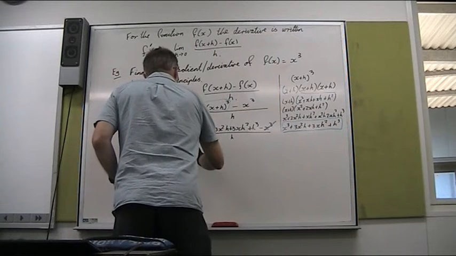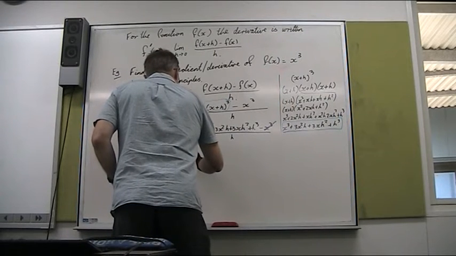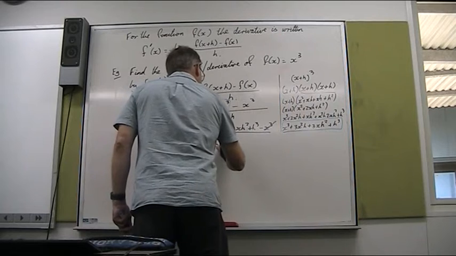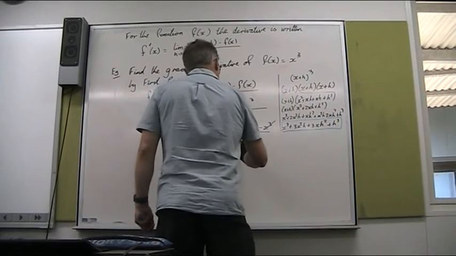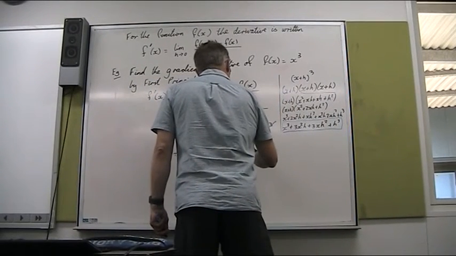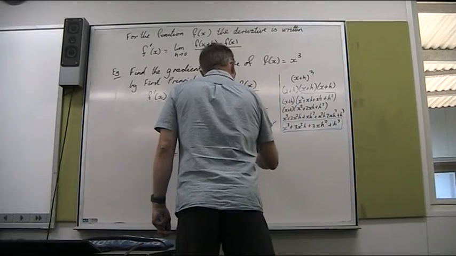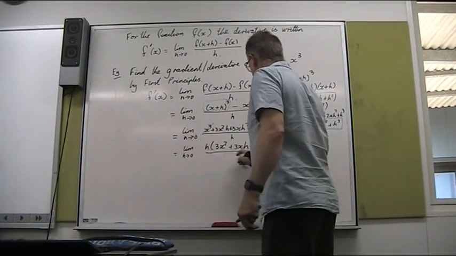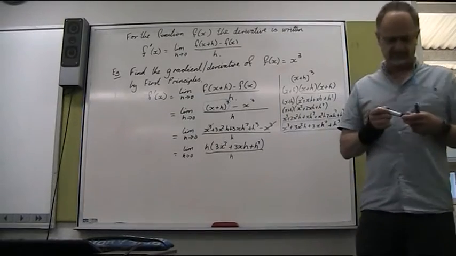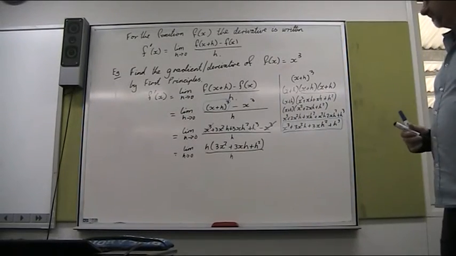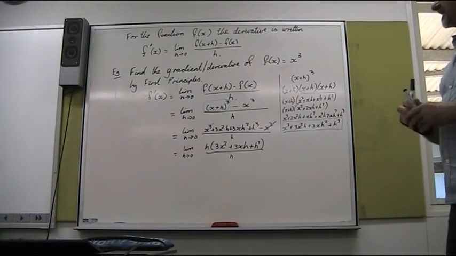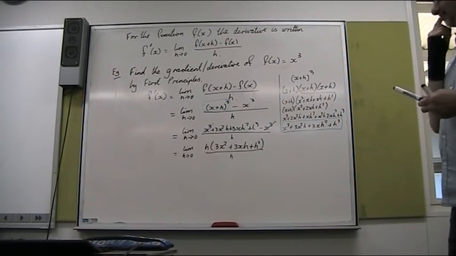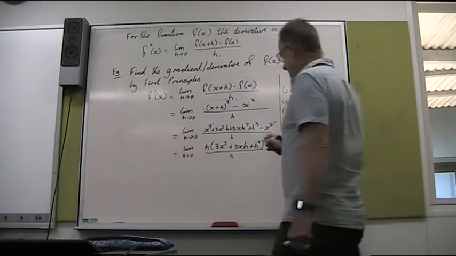So I can take it out as a common factor, so h goes out, and I've got 3x squared plus 3xh plus h squared over h. All right, good. What else? What do we notice now? The h's can cancel, yep.